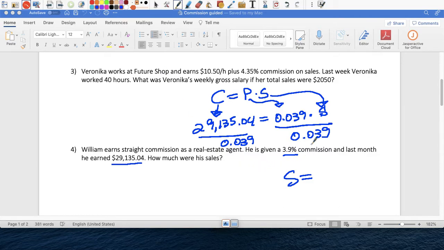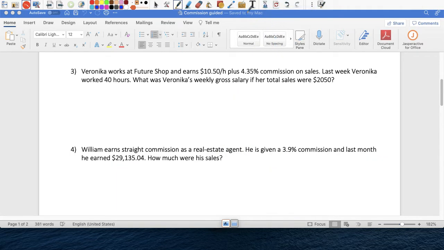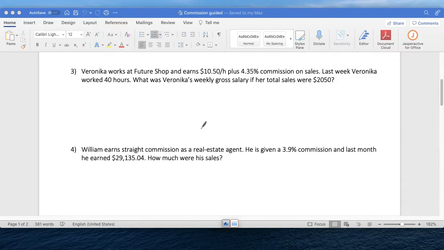And that, according to what I have, is 747,052.31. So that's the value. That's how much in sales he made in order to take $29,135.04 home. Which is not bad at all.